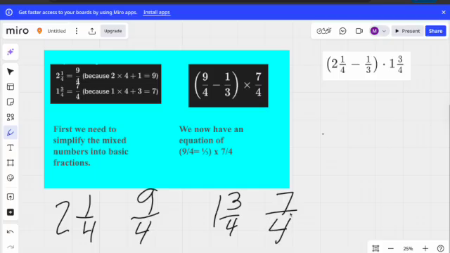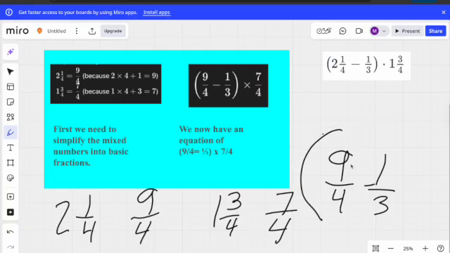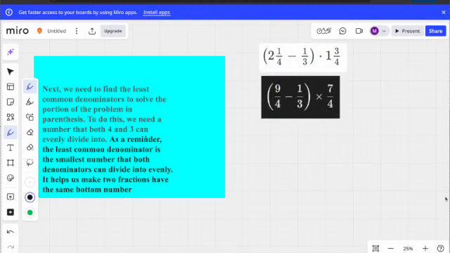Now we have an equation of 9 over 4 minus 1/3, go ahead and separate that, times 7 over 4.